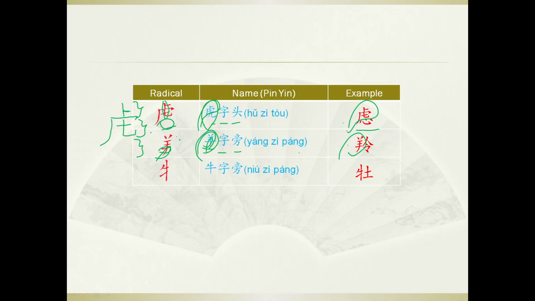Right dot, left dot, horizontal, horizontal a little shorter, horizontal longer on the left side, similar length on the right side, vertical diagonal through the middle.